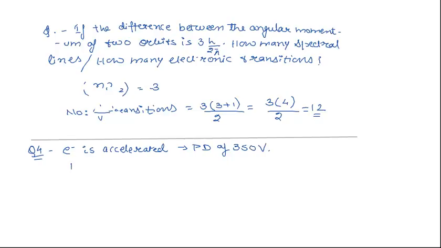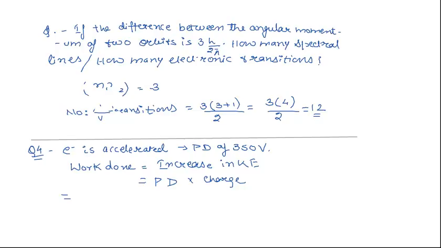Now the work done is equal to the increase in kinetic energy. And how will this energy be increased? By the potential difference, so there is potential difference times the charge.